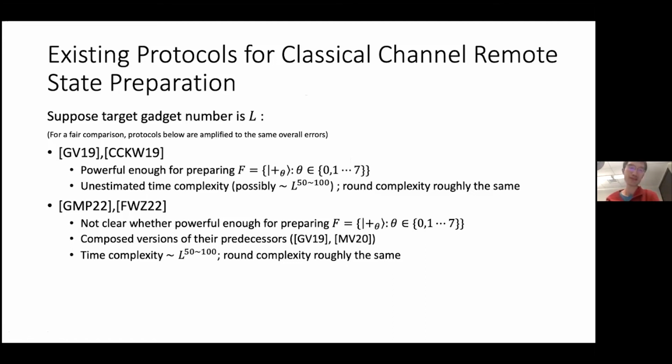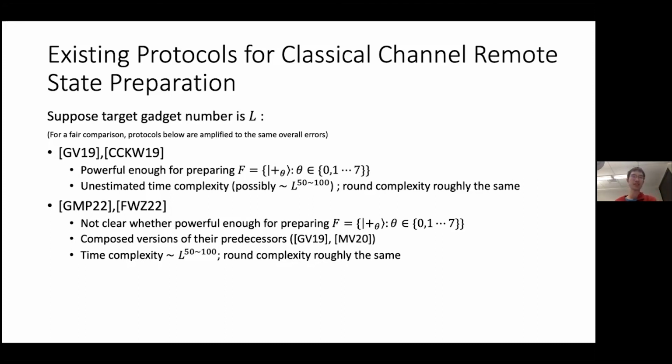But sadly, the time complexity is either estimated or proven to be very large. It scales polynomially, but the exponent is about 50 or 100. And it also has a very big round complexity, which is approximately the same as the time complexity.